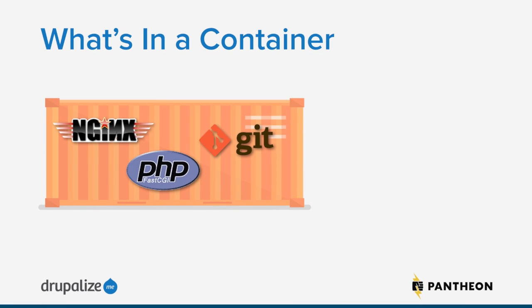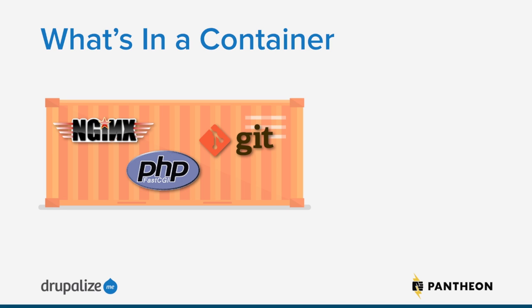So what is in the container that you get at Pantheon? Every container has Nginx for the web server, which is a super fast web server. You also have PHP with APC opcode caching. And you also have its own Git clone of the code base. So each container has a clone of the same code base.